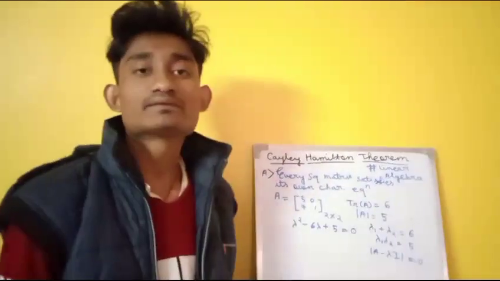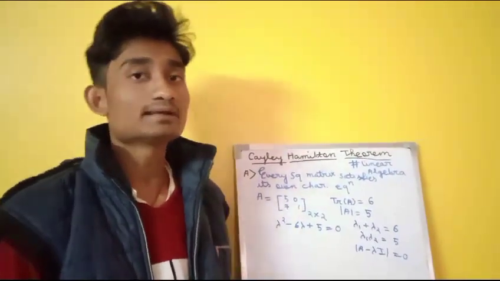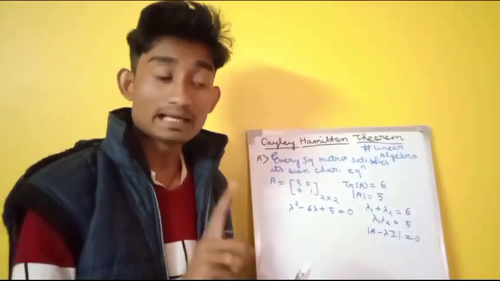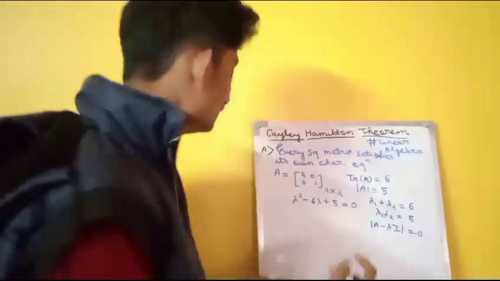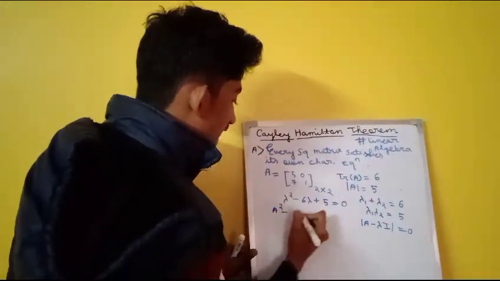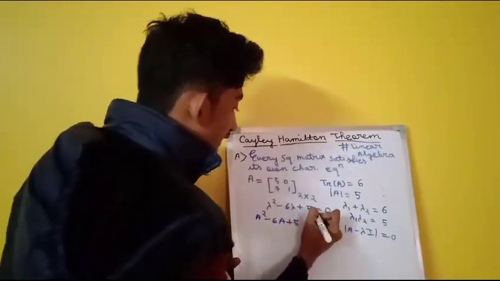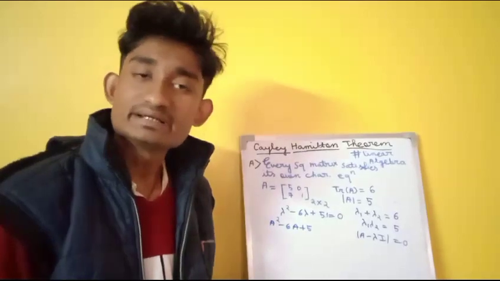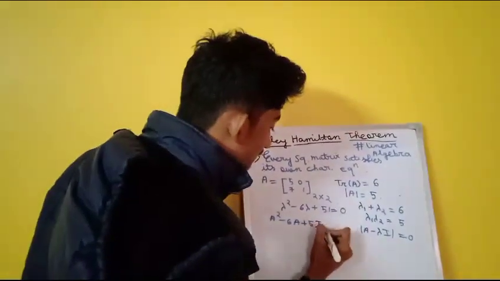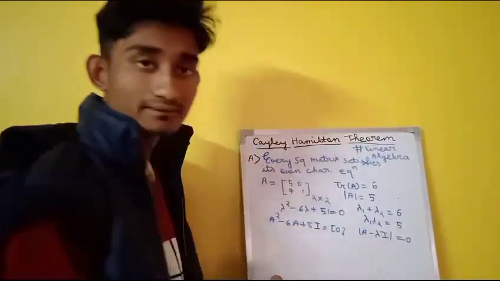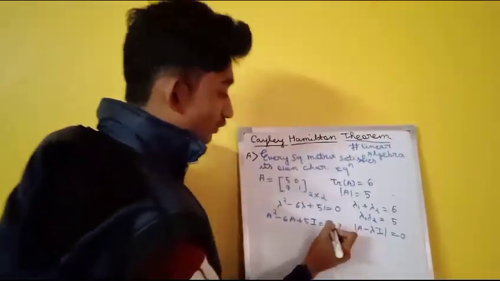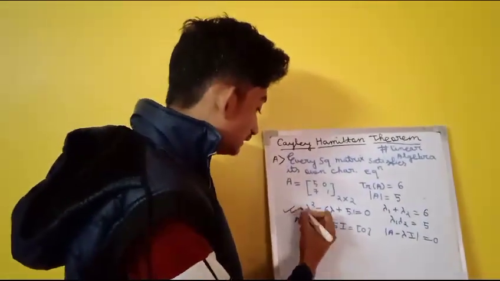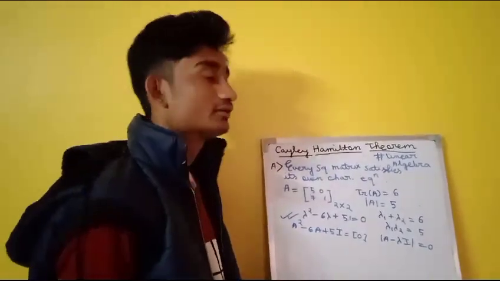This square matrix satisfies its own characteristic equation, which means that in place of lambda you will write A. So A square minus 6 times A plus 5 times the identity matrix, since 5 multiplied by 1 is equivalent to 5 times the identity matrix, equals 0, where 0 means the null matrix. So every square matrix satisfies its own characteristic equation.